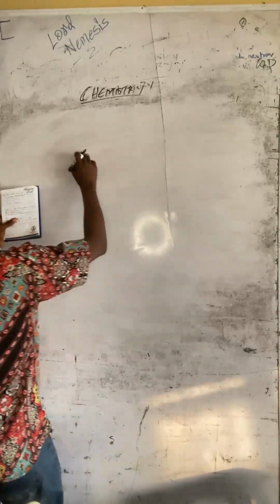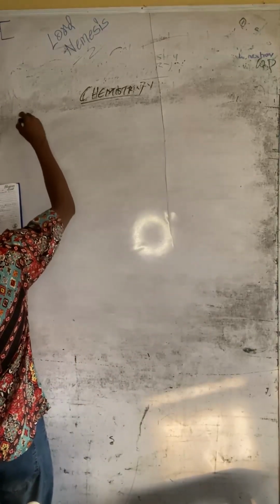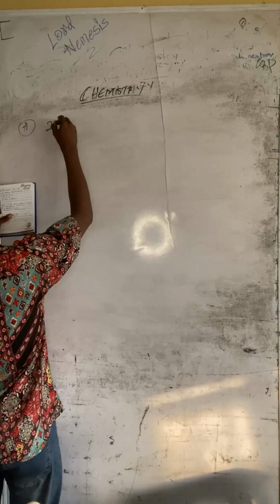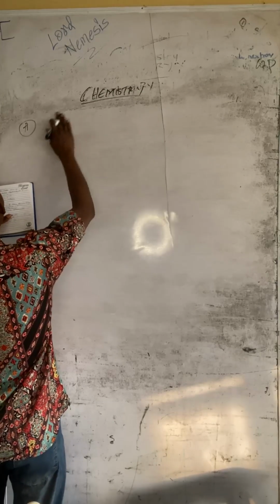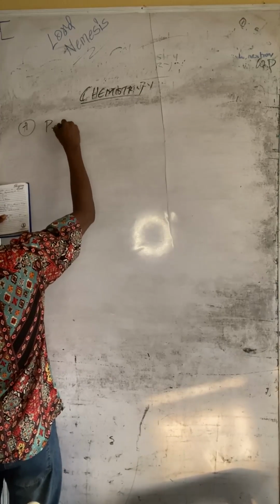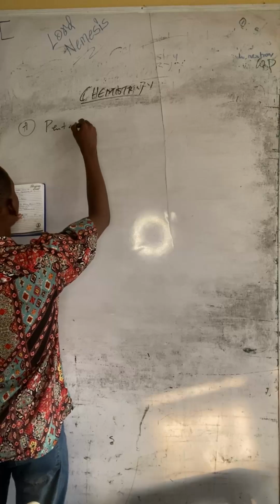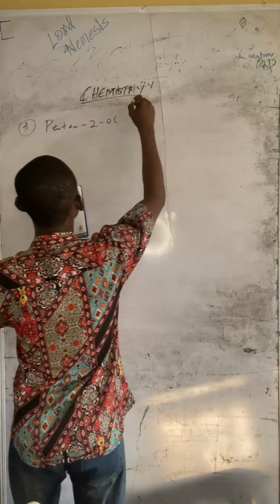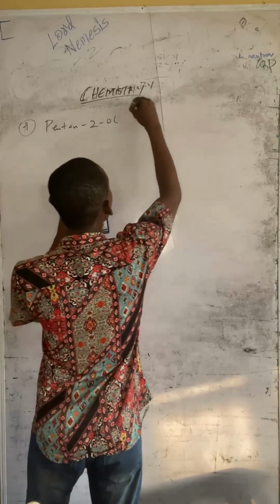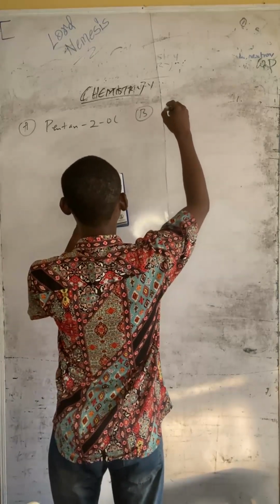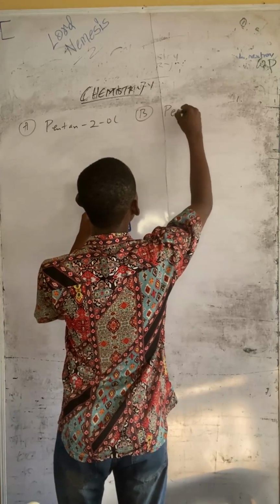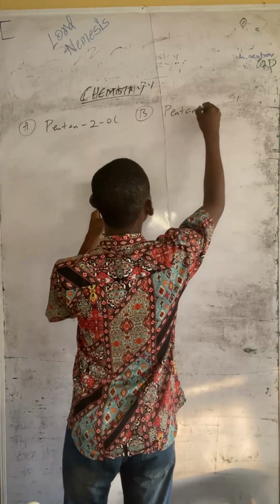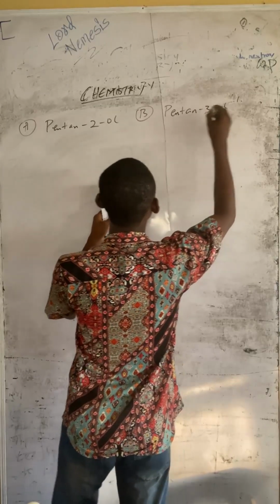Now let's quickly write that. Option A is 2-methylpentan-2-ol. Option B is pentan-3-ol.